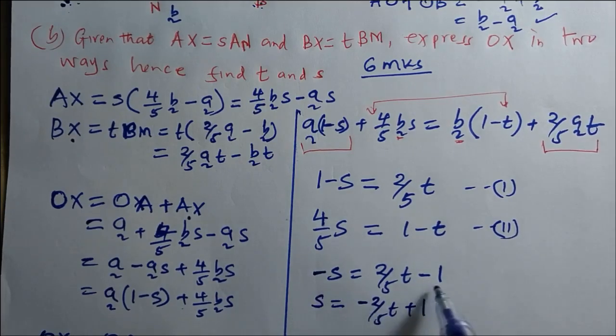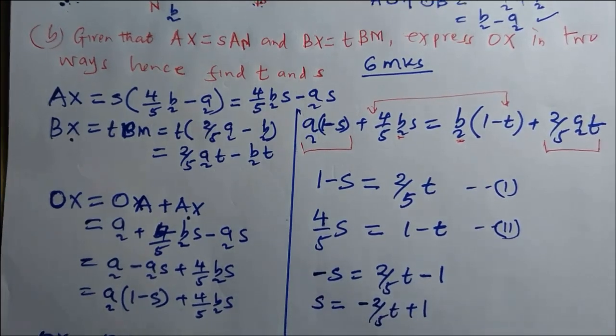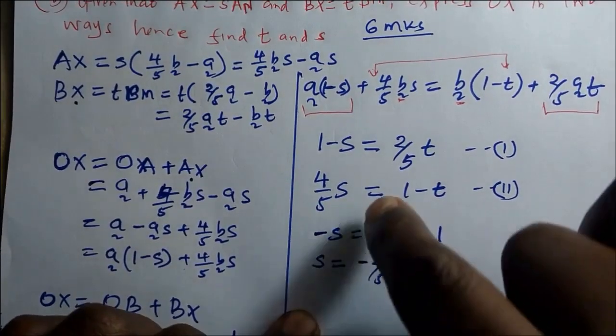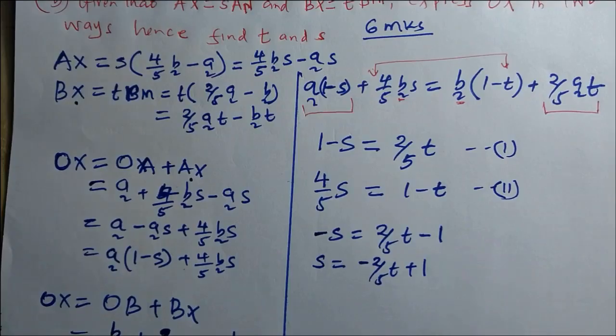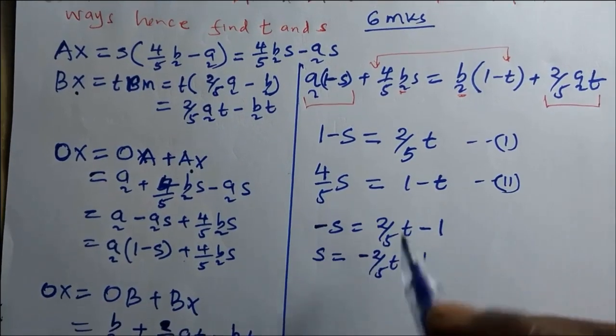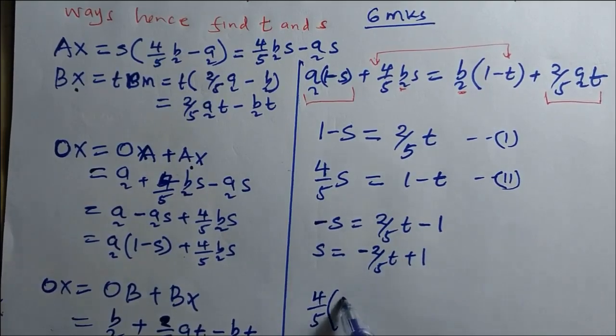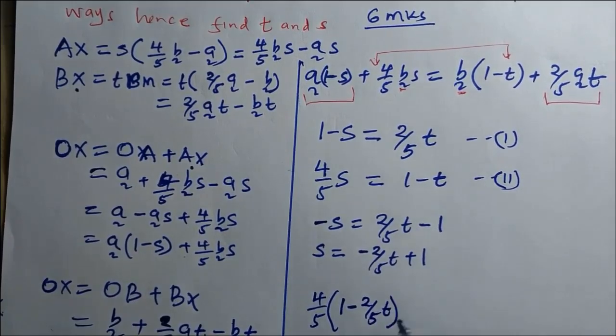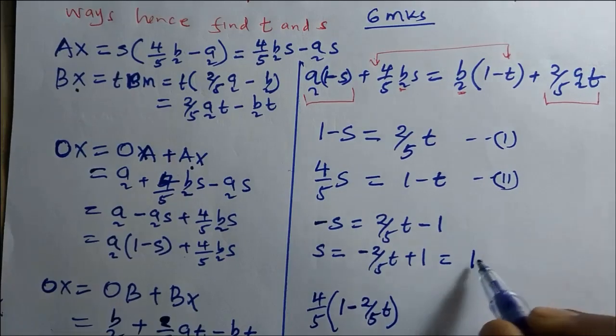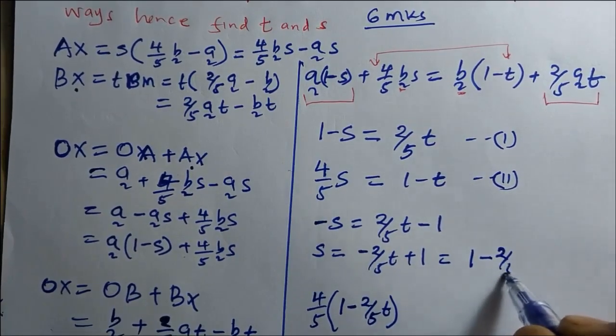The negative changes sign on the whole side. Now I take this S into equation 2 and substitute, to get the value of T. So instead of S, I will say 1 minus 2 over 5T.